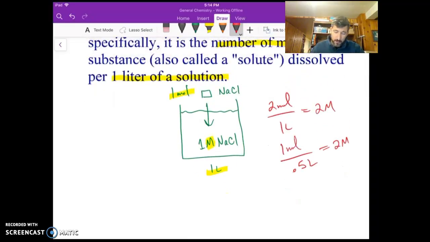If we take a small sample, if we pour some of this 1 molar solution into a 50 milliliter beaker, it's still 1 molar NaCl, because we're not changing the concentration. If I take the volume way down, there's still the same number of particles per unit volume.